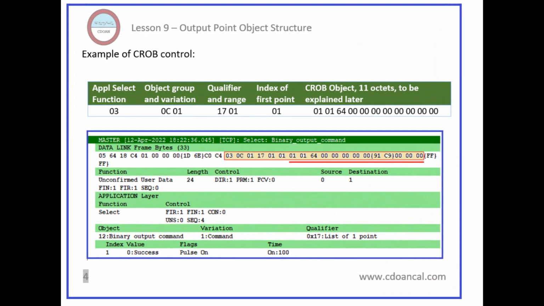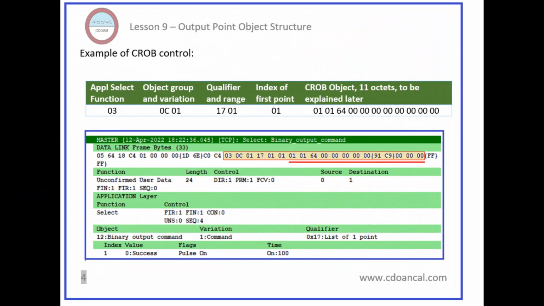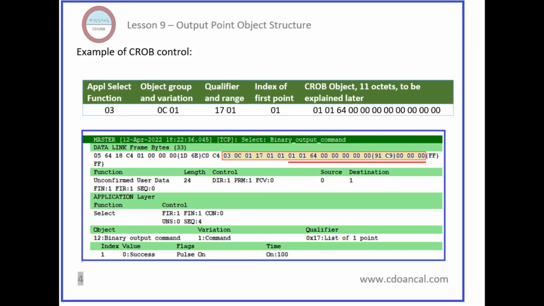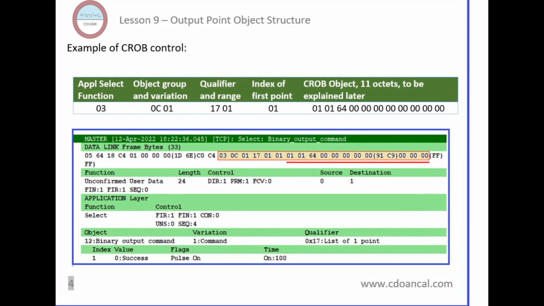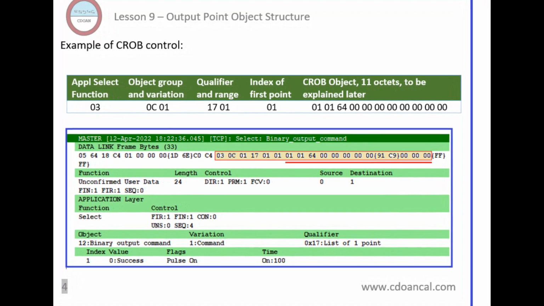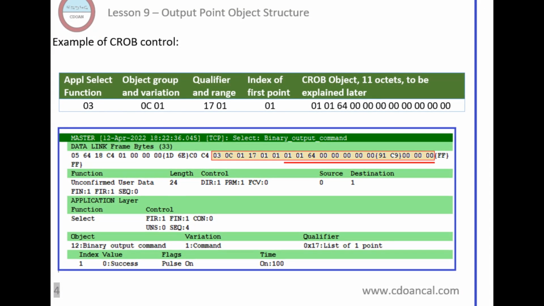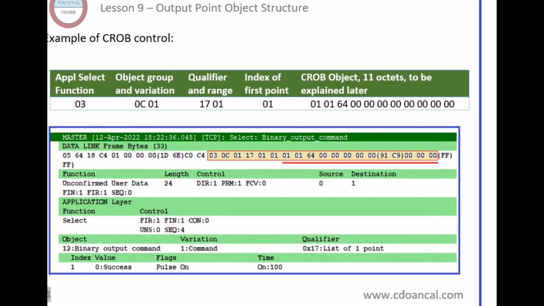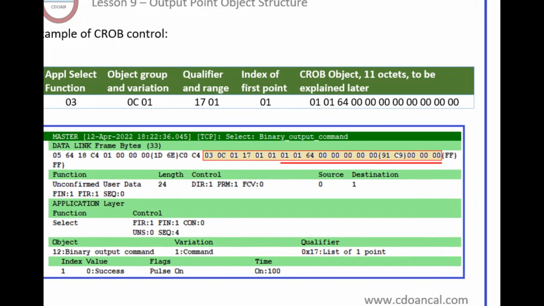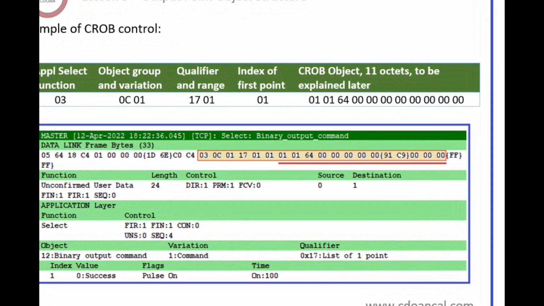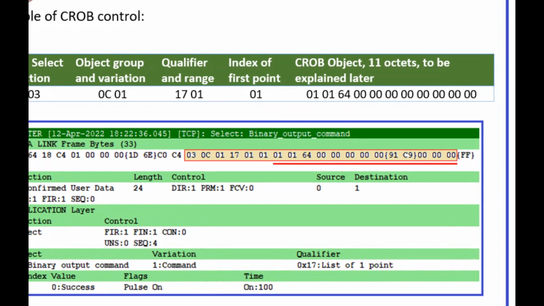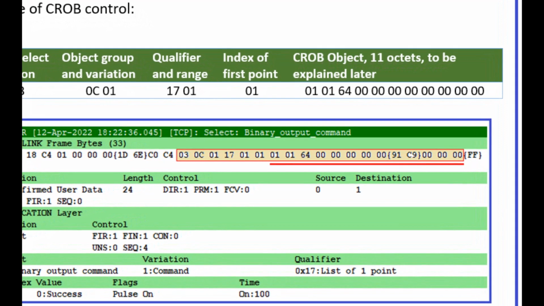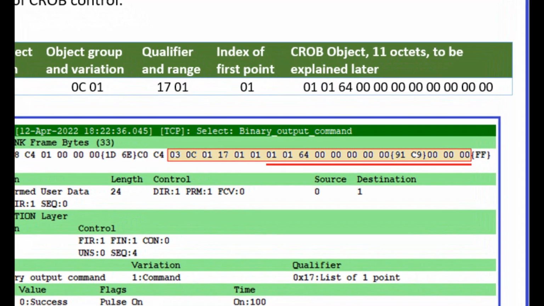Here we see an example of a CROB command from our test tool. The area of the message that defines the command starts with application select function code 3. The next two octets, hex C and 1, or decimal 12 and 1, are the object group and variation for a control relay output block.